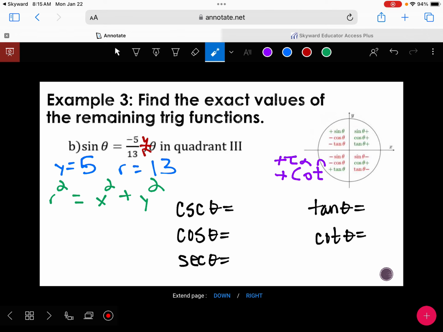Write your x, y, and r as all positive, and at the end you'll have your ratios, all positive. That's why you have to remember you're a smart trig class, because then you can go through at the end and make the ones that need to be negative, negative. Does that make sense? Another question, or are we good?